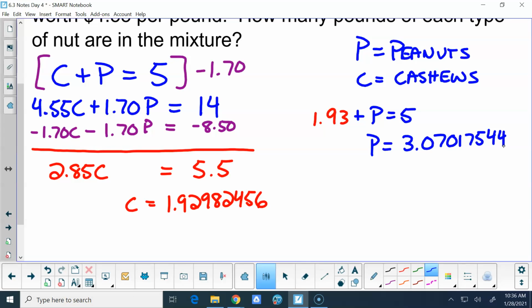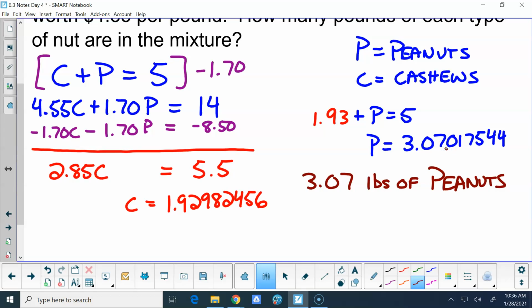I wouldn't round until the very end. I know, but don't round until the very end. You know what I mean? So I would say here, actually let me rewrite this in a different way. I would say here that we had 3.07 pounds of peanuts. That seems to be a good natural break point right there.